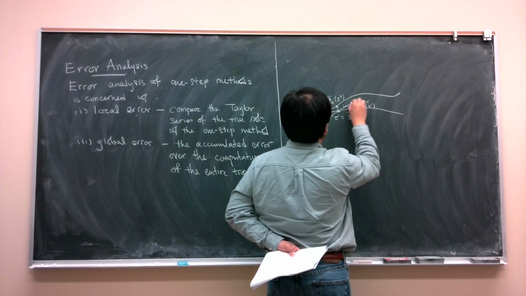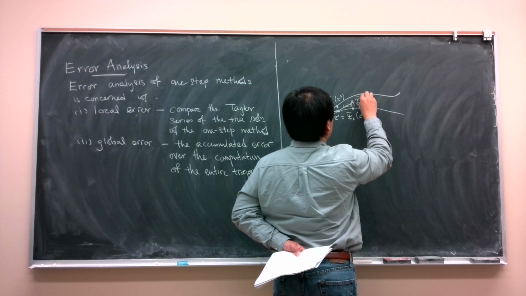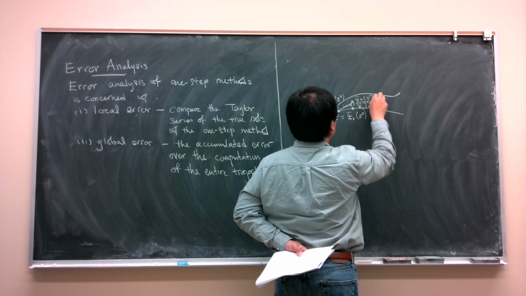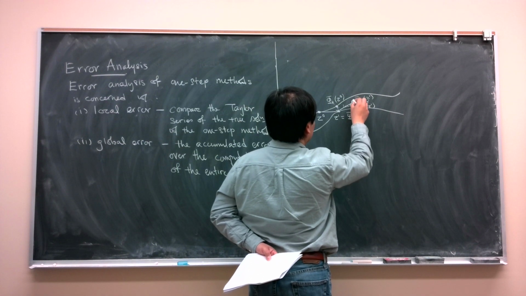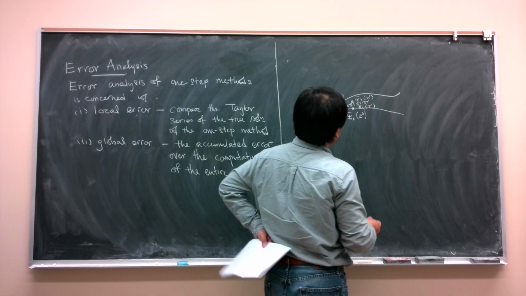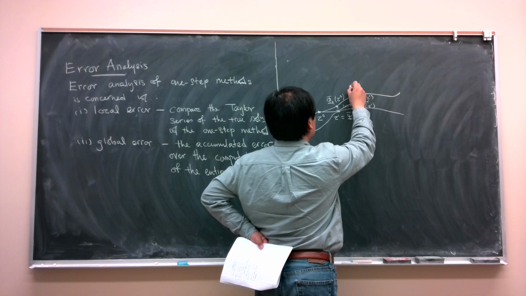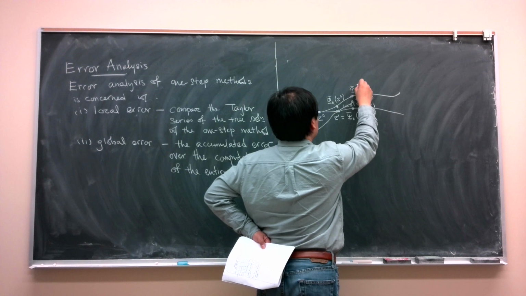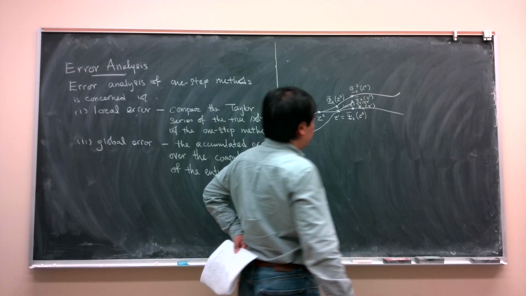This maybe is what you get if you apply the numerical method to z1. Okay, and then the error you're really trying to compute, if you will, is the difference between the exact solution and the numerical solution.